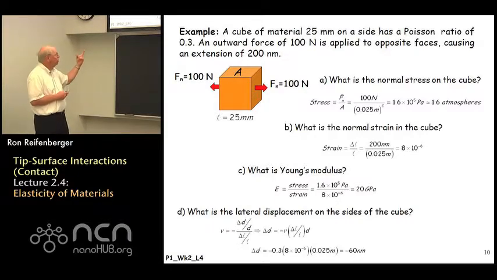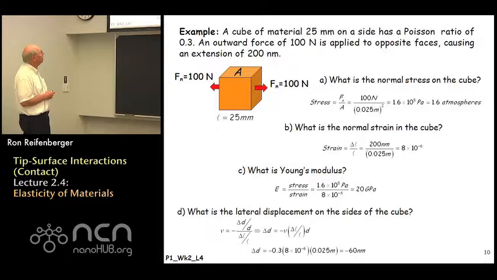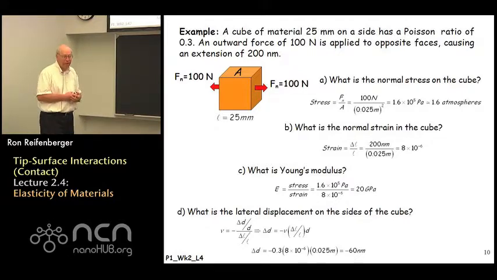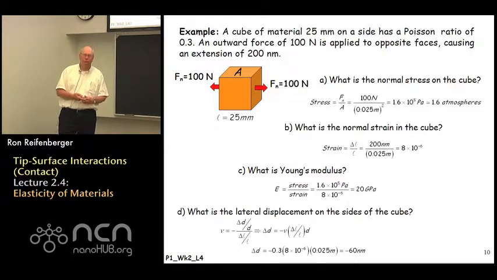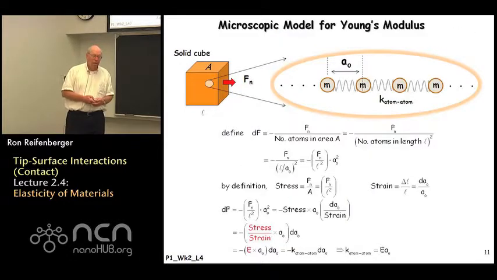That requires us to know Poisson's ratio. In this particular case, we're assuming Poisson's ratio is about 0.3. So we would estimate then that the change in the height and the width of the block is about 60 nanometers. So that's how you would use these concepts in order to sort through a really simple problem in elasticity.